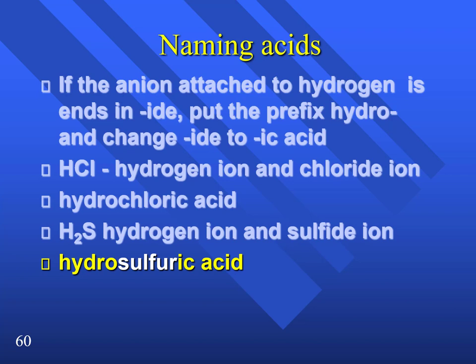If you wrote hydrosulfic acid, I'd be okay. I'm going to write hydrosulfuric acid. I don't know why they put that. Maybe it just sounds better to them. But if you just put hydrosulfic acid, I'd be okay with that. So, you've got to do two changes if they end in "-ide." So if you're going to call this hydrogen sulfide, you have to change that to acid, hydrosulf. That makes sense?